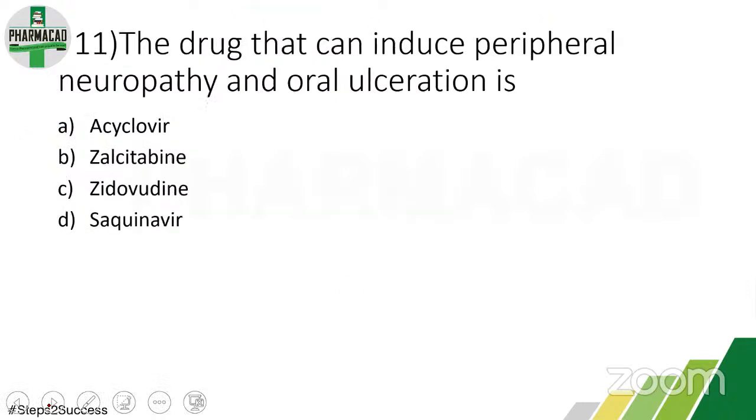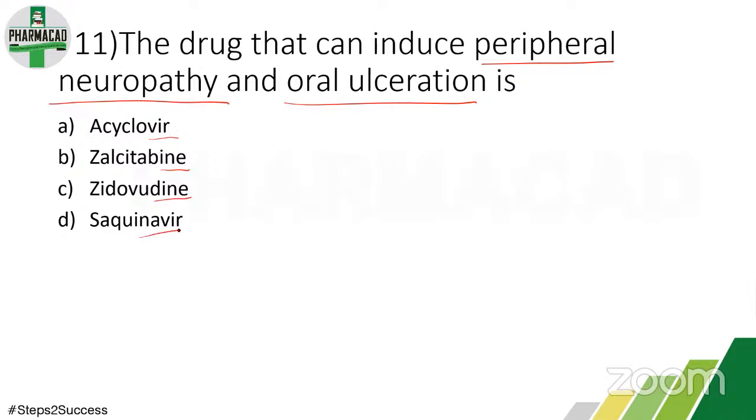Next question. The drug that can induce peripheral neuropathy and oral ulcerations. The options are acyclovir, zalcitabine, zidovudine, and saquinavir.